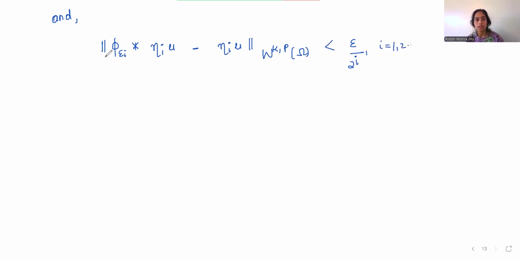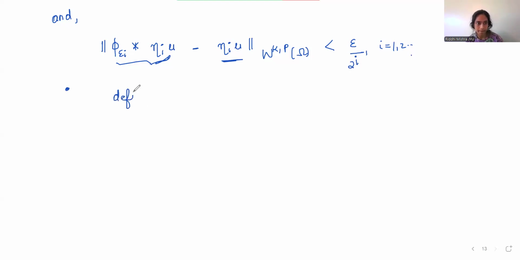So you can approximate your Sobolev function with this smooth approximation. This is what we wanted to prove.